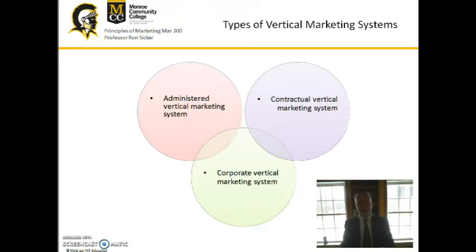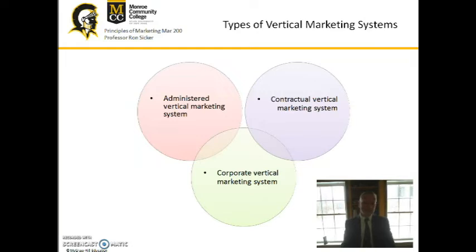All of those are different vertical marketing systems that is going to deliver that house that's already built to the consumer. Then you've got contractual vertical marketing systems, and that contractual vertical marketing system might be a wholesaler, where you contract with the wholesaler to distribute goods to you, that type of thing.